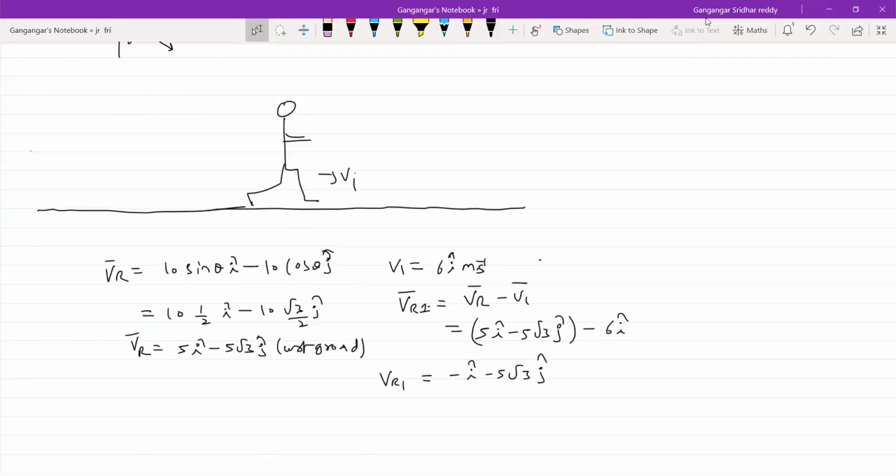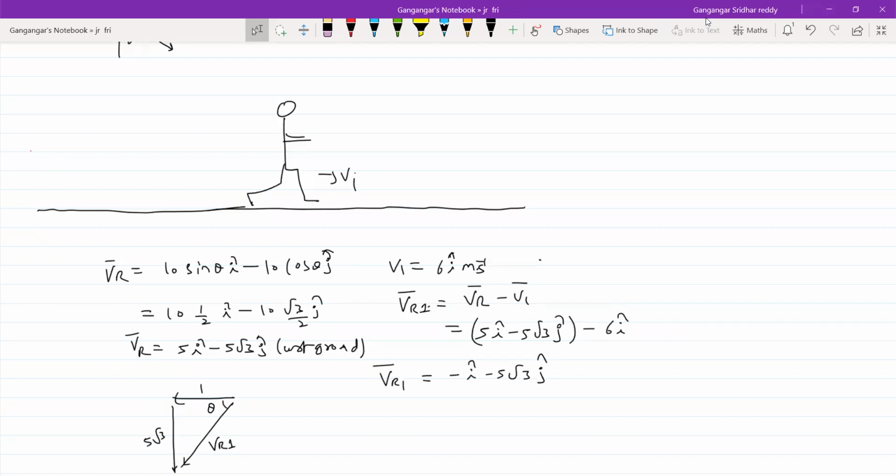So how should we hold the umbrella? I'll go for the vector minus i cap, 5 root 3 j cap, and this should be the velocity of rain with respect to the man.